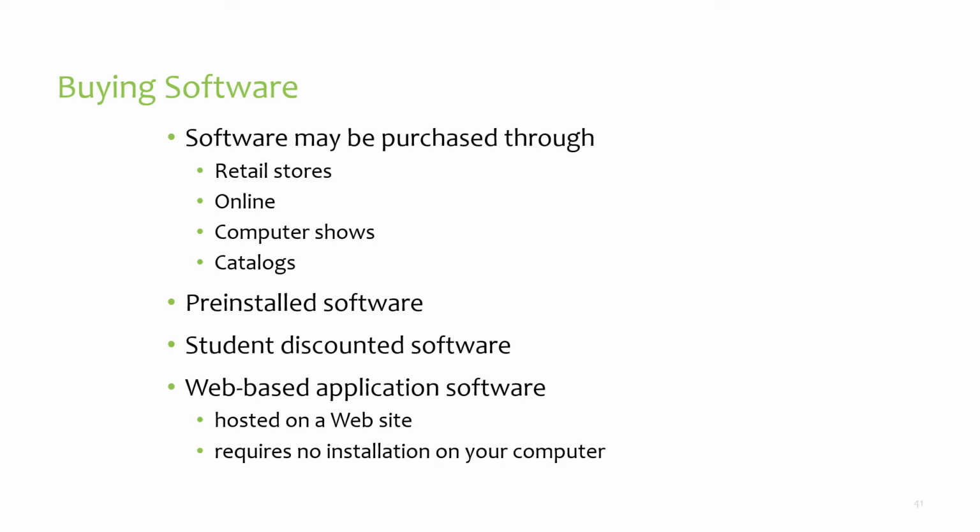If you're a student or an educator, you can purchase software that is no different from regularly priced software at prices that are sometimes substantially less than general consumer prices. Software purchased online is downloaded over the web and then installed. Web-based application software is a program hosted on a website and does not require installation on your computer.